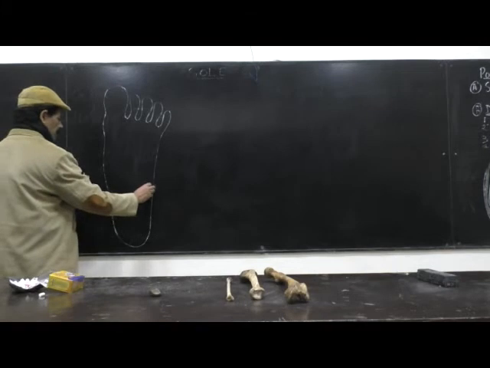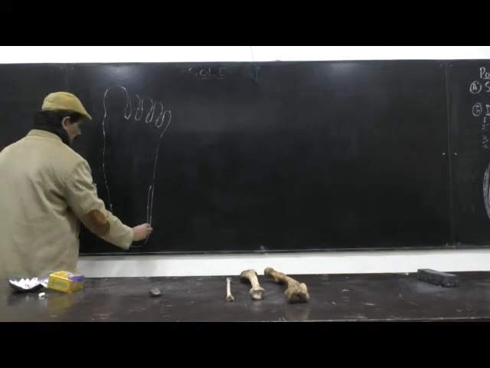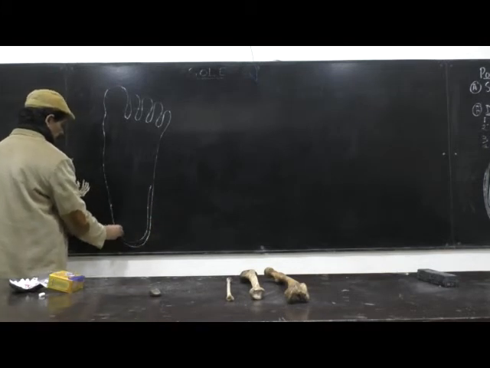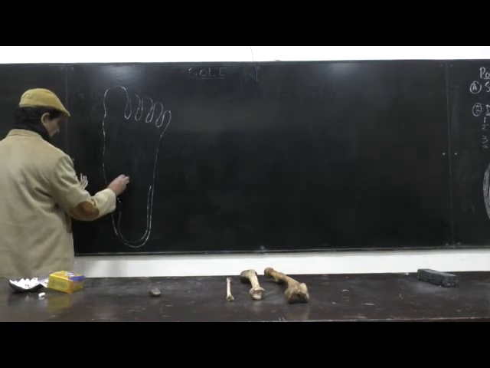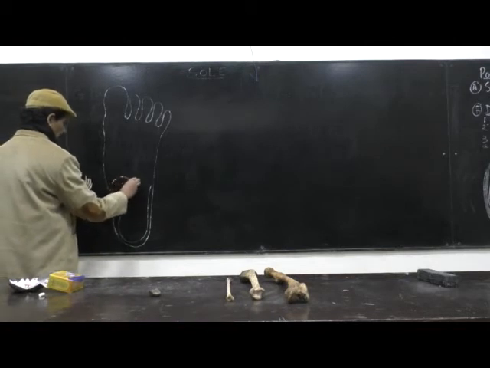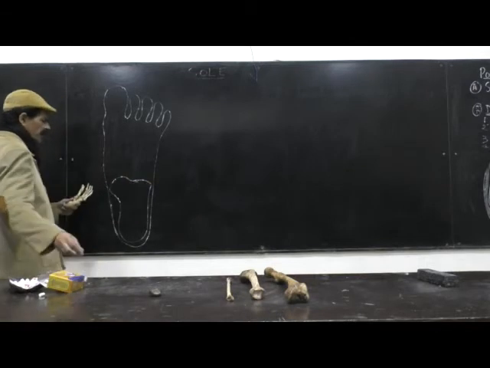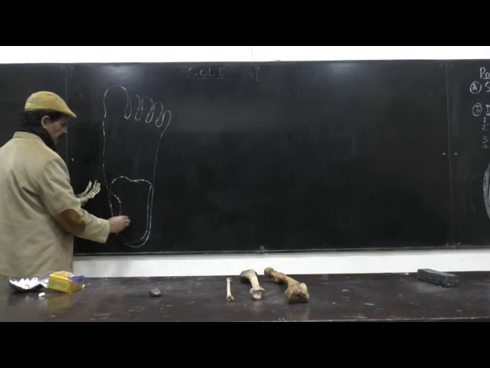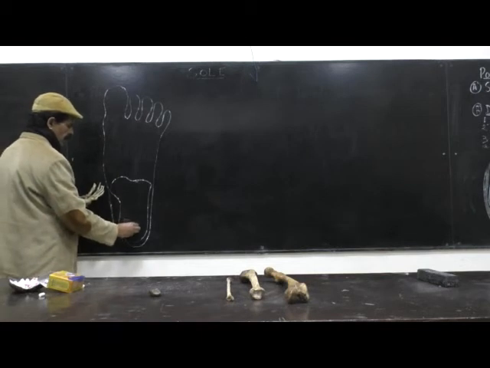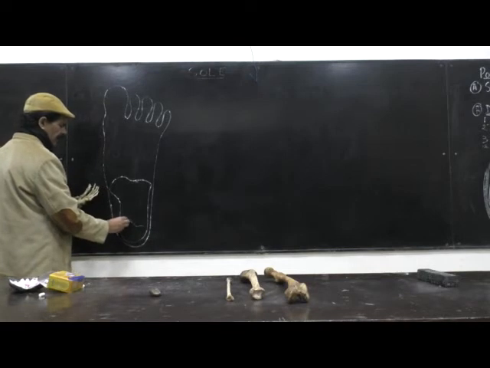First is the bone of the heel, that is the calcaneum. The plantar surface of the calcaneum bears in its posterior part a tuberosity that is called the calcaneal tuberosity.